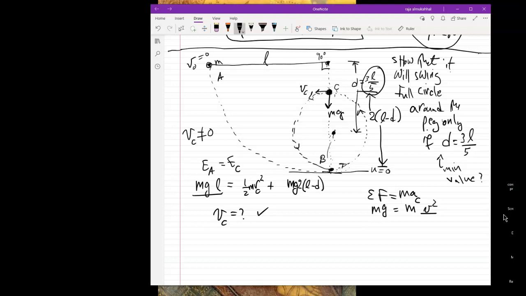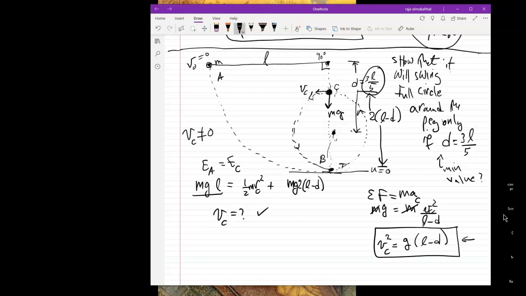R is the radius of that circle, which is L minus D. And this V squared is V sub C squared. The masses cancel out, so I get V sub C squared is equal to g(L minus D). There we go. I have an expression for it.